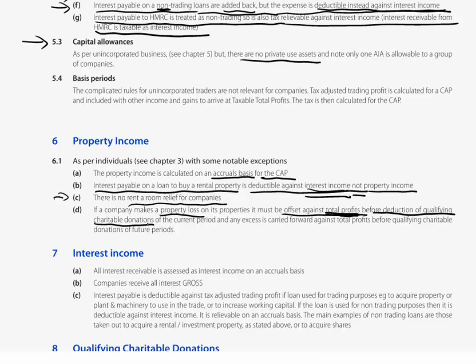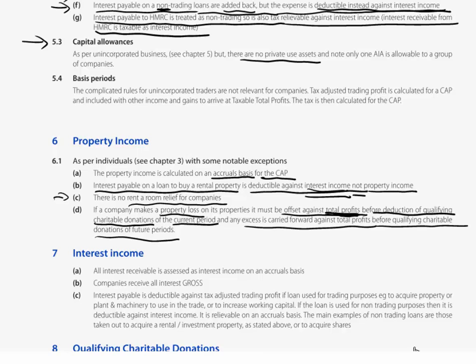So any net property loss of the period will be set off against the total profits of the current period, that's the chargeable accounting period, and it's not likely that it would be, but if that loss was bigger than those total profits, then any excess not used this period is carried forward against total profits, again before qualifying charitable donations of any future accounting periods.